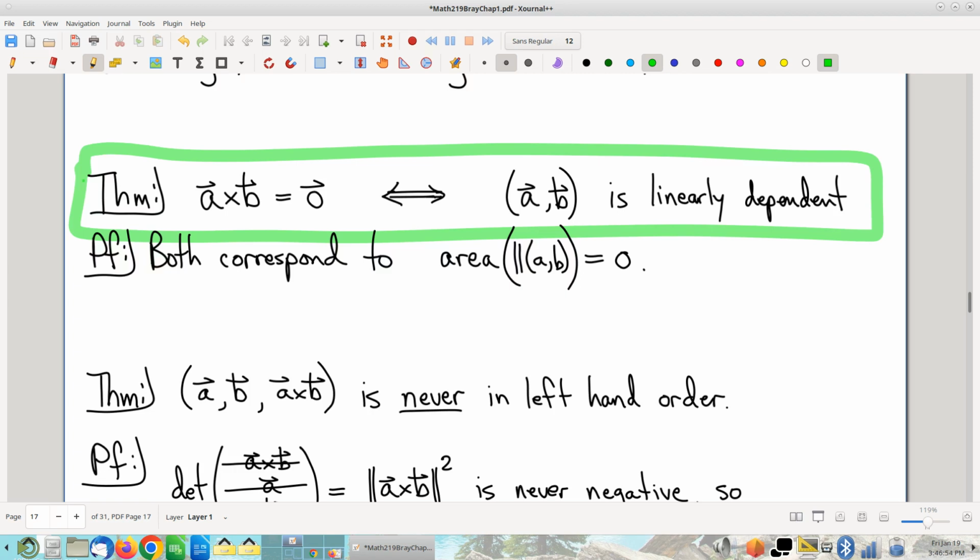When the cross product is equal to 0, generically that means the vectors are parallel. And then again, annoying, there's a possibility that 0 might be involved. And technically, if one of the vectors is 0, they're not technically parallel. But what is always the case is that they're linearly dependent.